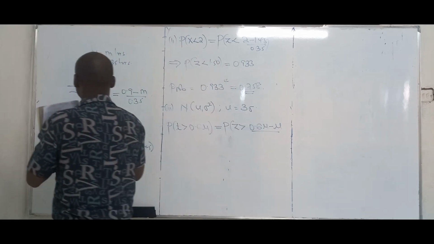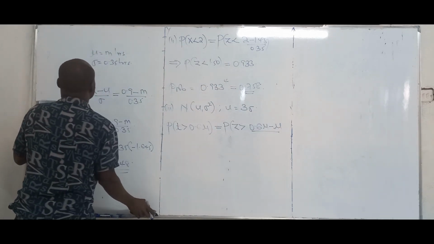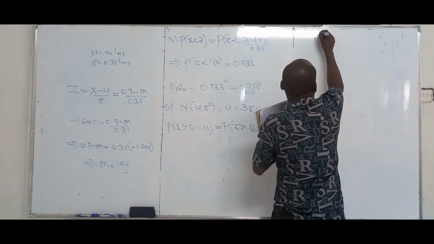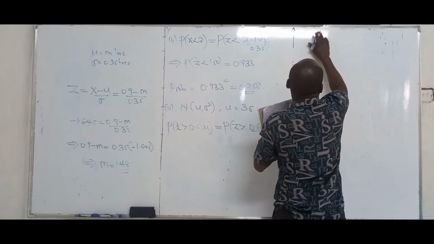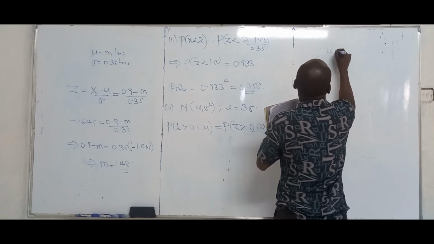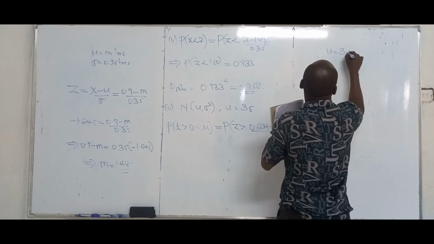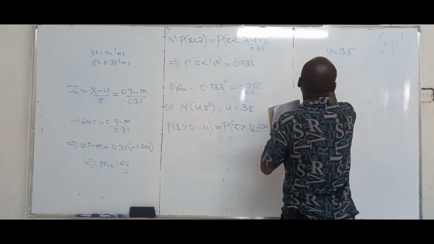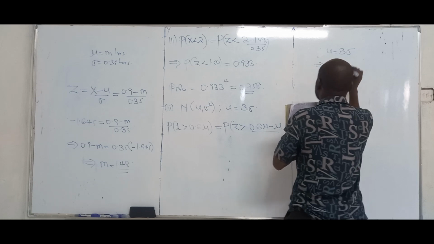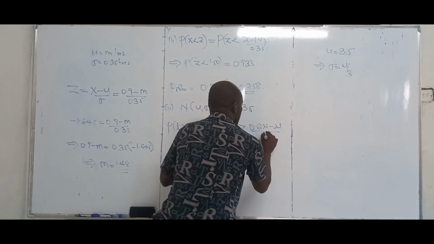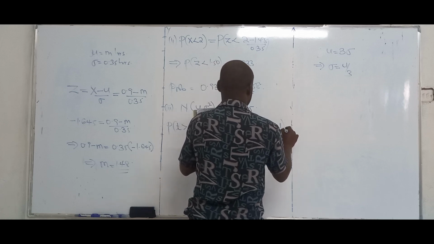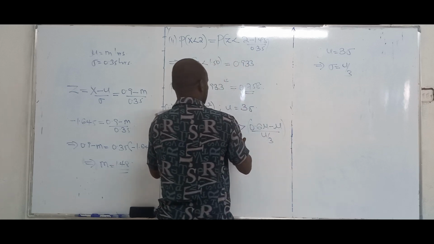We are told that U is equal to 3 standard deviations. That should imply that our standard deviation is U over 3. So I bring U over 3 like that.